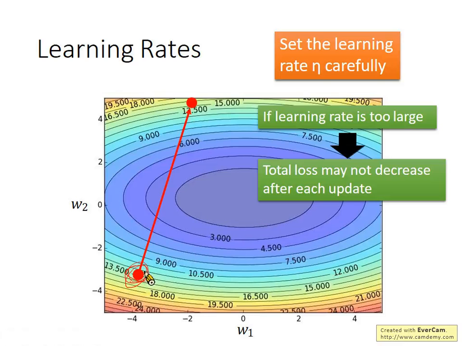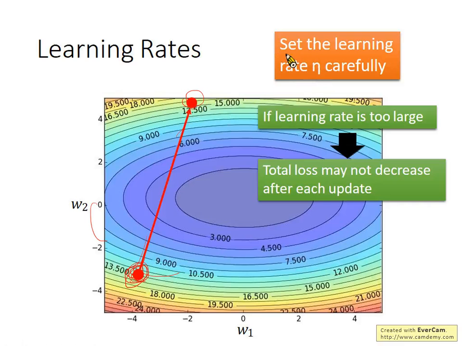According to the direction of the gradient, we update the parameter in this direction, so that we increase W1 and increase W2, such that we can move from this point to this point.